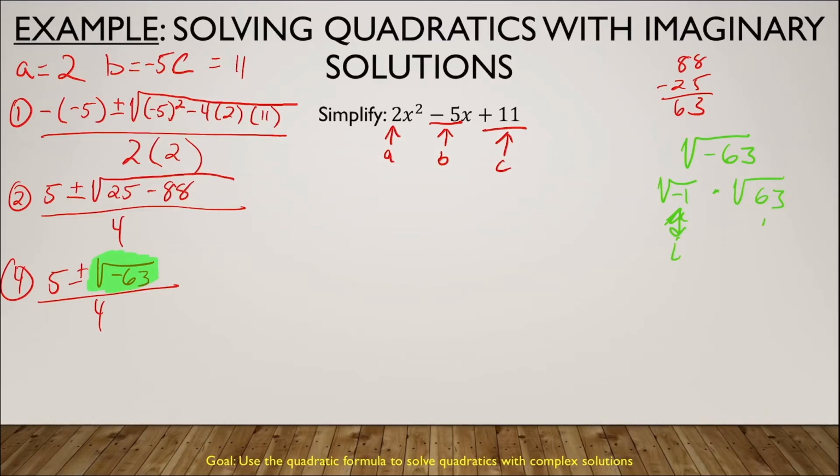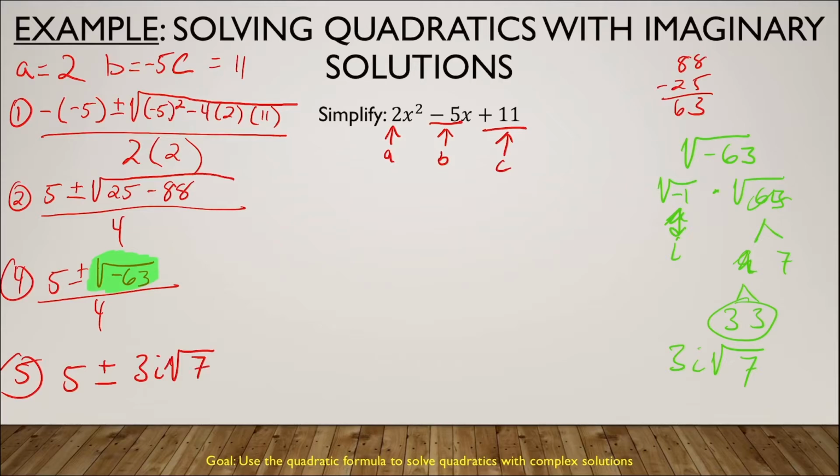So we can take that out. Then 63 is 9 times 7, 3 and 3. There's my grouping. That comes out. I have that i, that 7 still locked up. So now I have 5 plus or minus 3i square root of 7, all divided by 4, and that's my answer. Remember, this is what x equals.